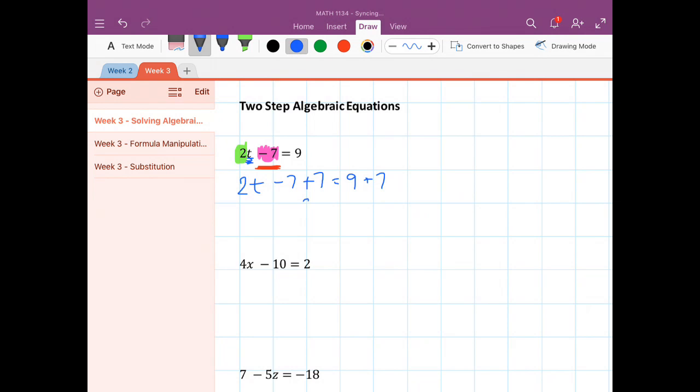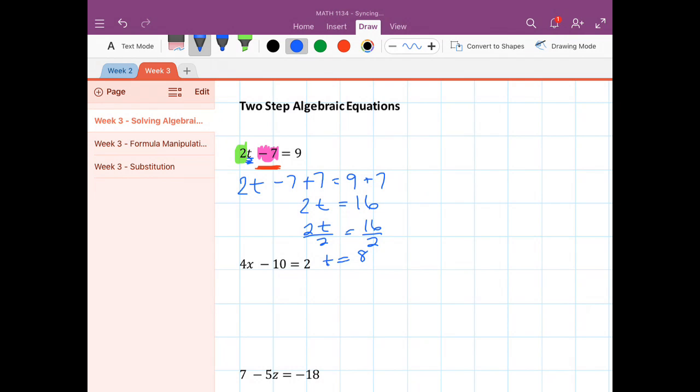And that leaves me with 2t equals 16. And we're back to our first step we did before. You could say 2 times what is 16, or you can divide both sides by 2, and that leaves me that t in this case is 8.